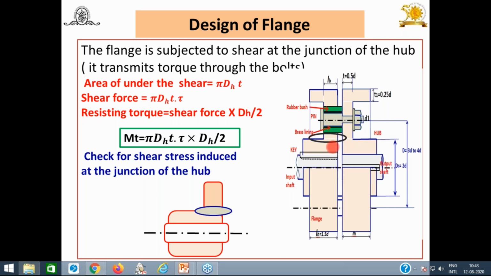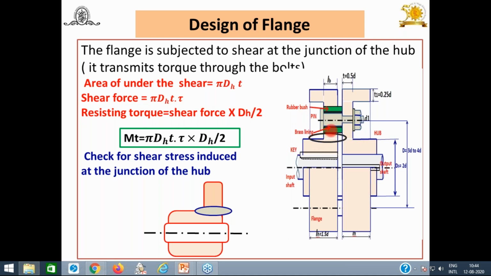So we have to consider the shear area. Like in a rigid coupling, because it's a circular one, the shear area is pi, the circumference, times the diameter of the hub, that is dh, and the thickness of the flange, that is t. We have considered t in this nomenclature. So pi dh into t is the area under shear. Find out the shear force. The shear force is equal to this area into the shear stress, that is tau. Again, what is happening?